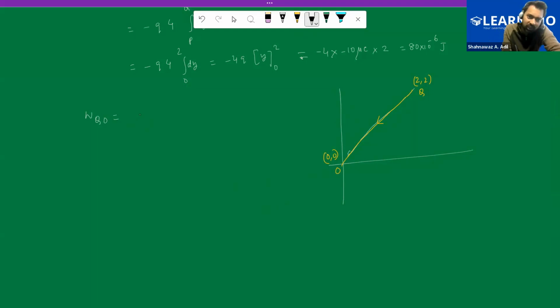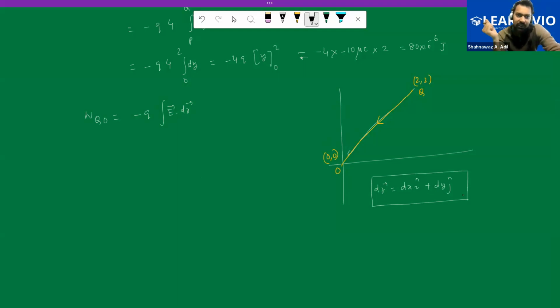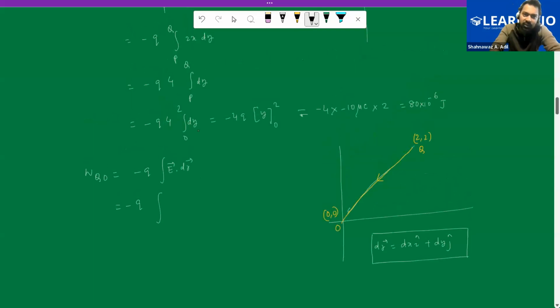So work done would be simply minus Q E dot dr. Now we are moving in 2 dimensions, so dr would be dx i hat plus dy j hat. Right. Now, what was this electric field?